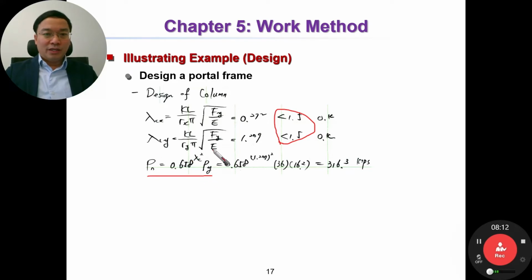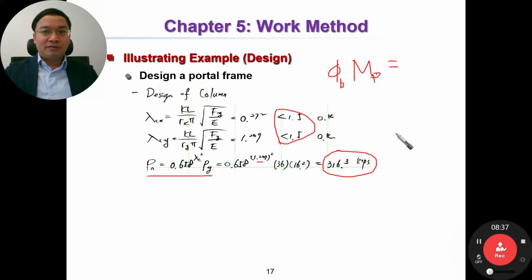You already know this equation, just replace the factors into here. Then we have Pn equal to this value. So we have phi b Mp equal to the previous one. Please remember, or you can go back and check the value. And now we have Pn equal to this one.